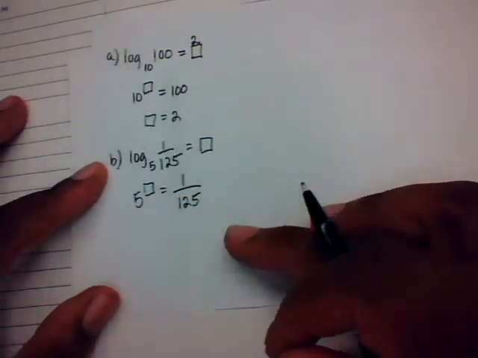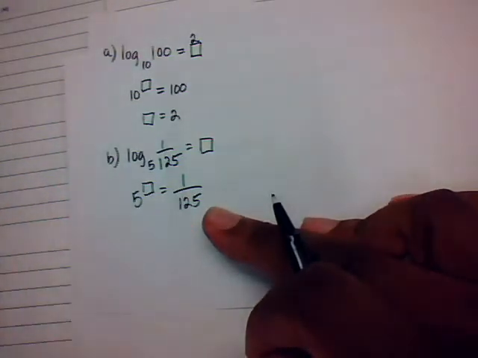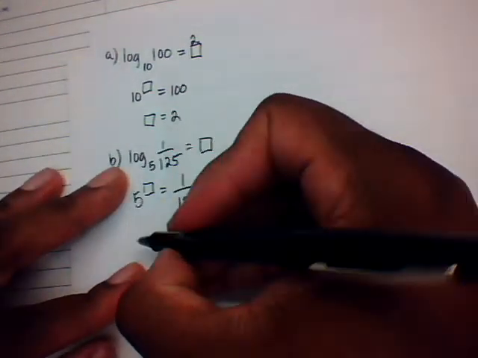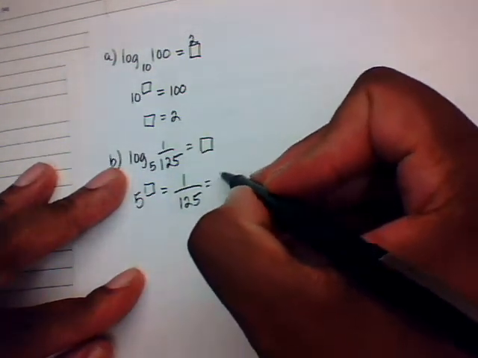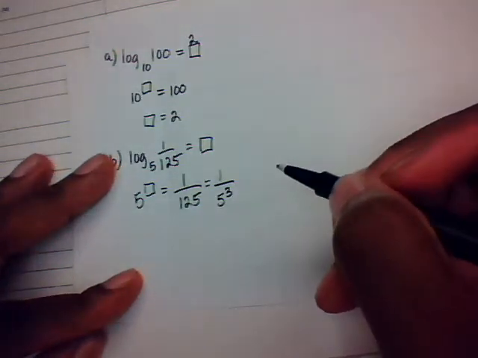Now I know 125 is a power of 5, because if I break 125 up, it will be 5 times 5 times 5, or 5 to the third. So I'll rewrite this as 1 over 5 to the third.